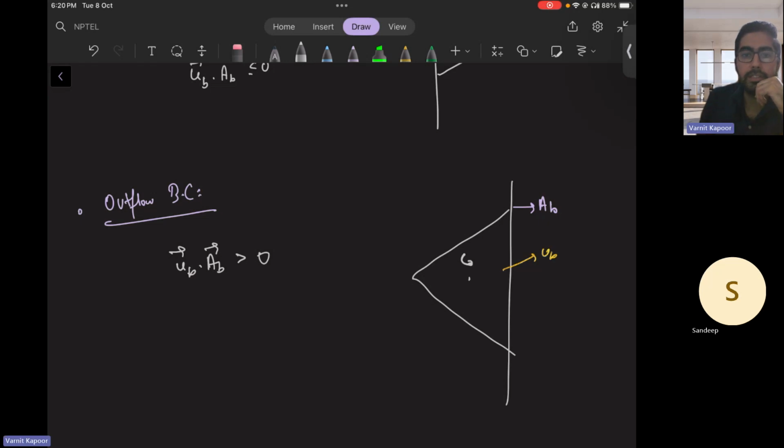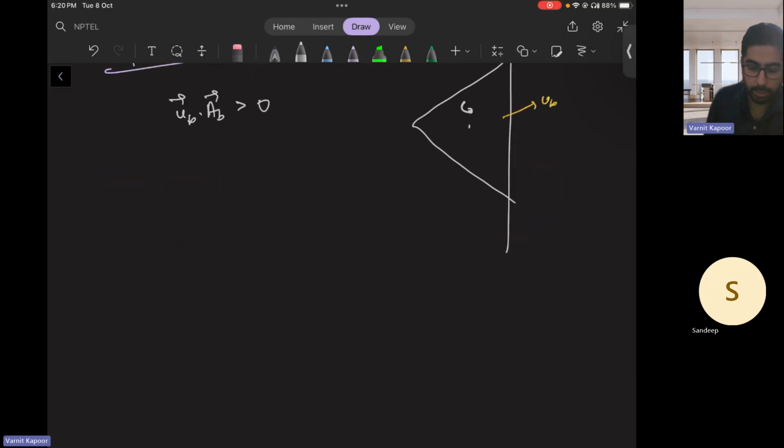So what are the implications in inflow and outflow boundary conditions? If you want to write the discretized equation, as I said, for an inflow boundary condition the dot product of U_B and A_B is less than or equal to 0. If you want to put these in the discretized equation, you have the discrete equation for a boundary cell.